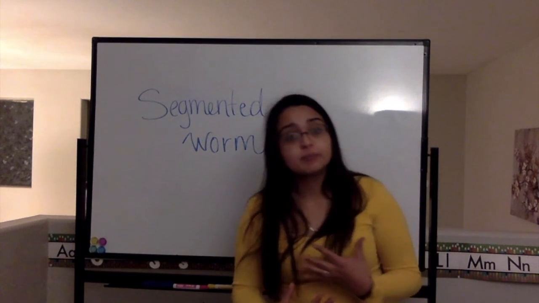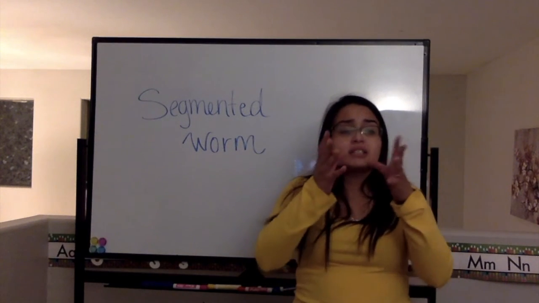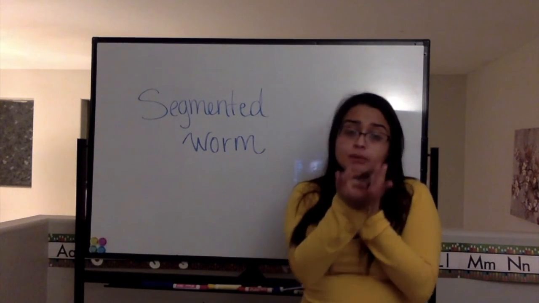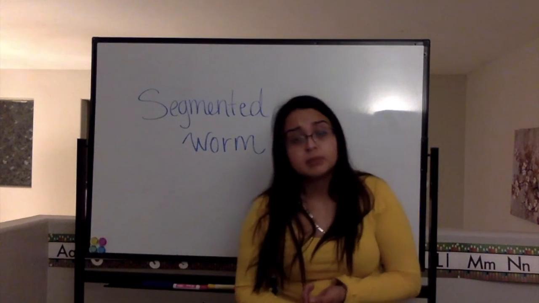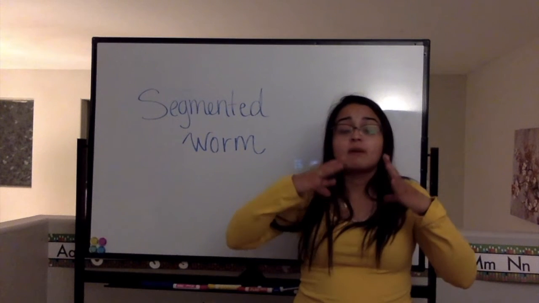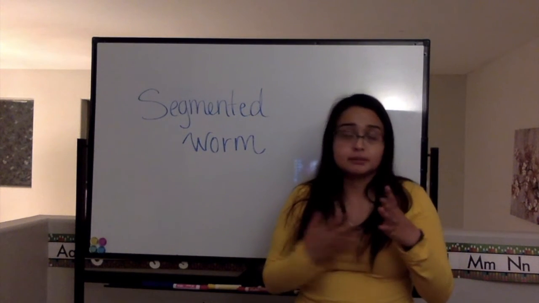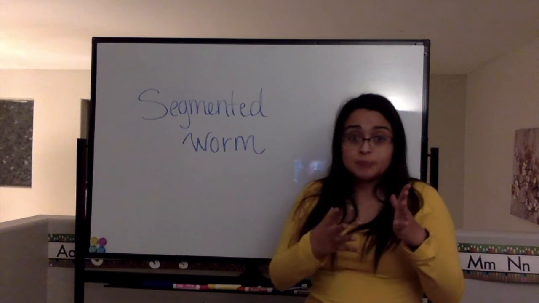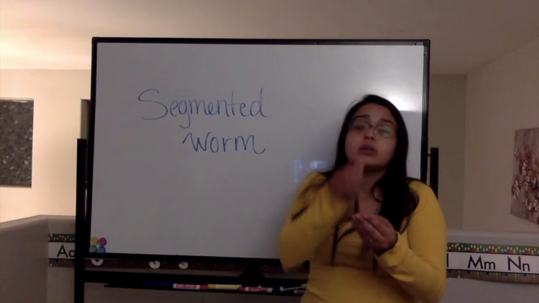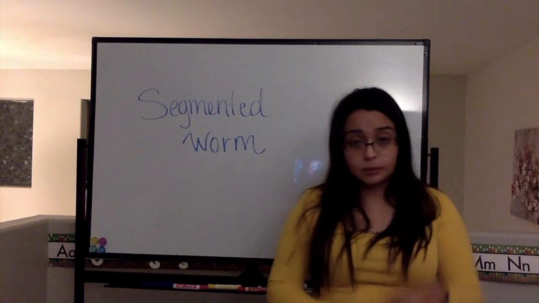What it's doing is pretty much putting everything in its mouth, and as the soil is traveling through the body of the segmented worm, the body is absorbing and separating the food from the soil. So whatever the worm does not need, it will leave as waste through the anus of the segmented worm.